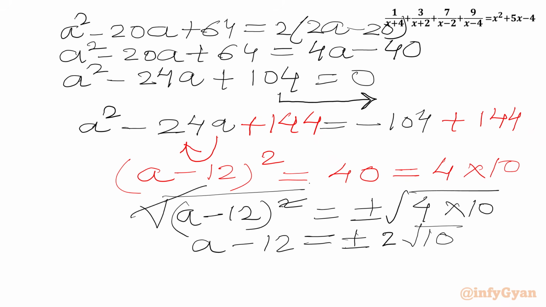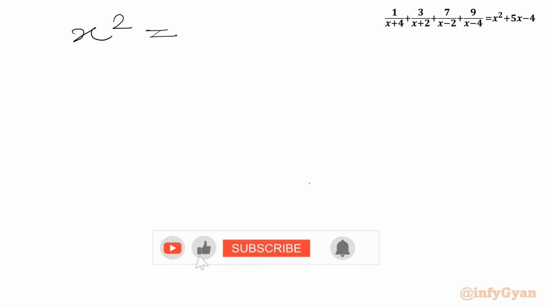Now we will take minus 12 to the RHS or add 12 to both sides. We will get a equal to 12 plus minus 2 square root 10. Now a was x square. A was our substitution. So I will write here x square equal to 12 plus minus 2 square root 10.